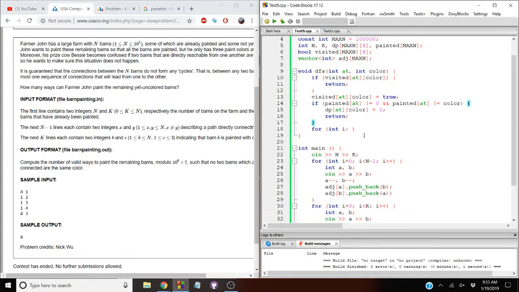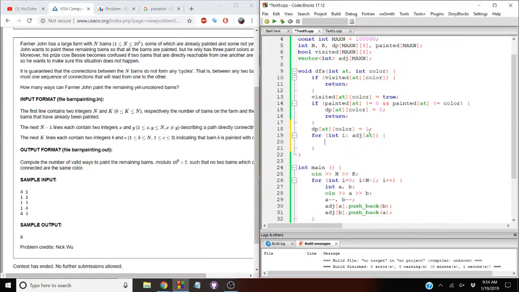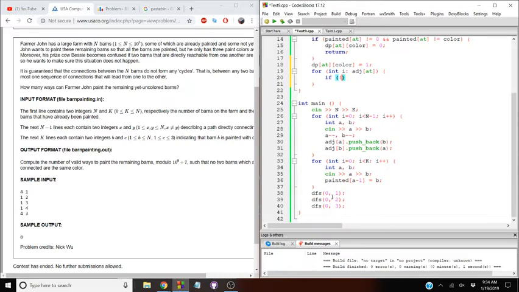The next thing we need to do is we loop through. Otherwise, we say that there is one way to do this, and we'll just multiply on more ways. For int i in adjacency at, this is for all our adjacencies. We say if it's not yet, okay, so we'll also send in the parent.